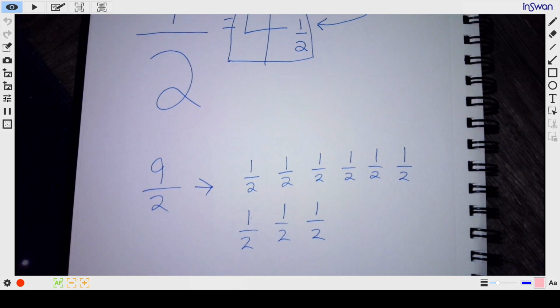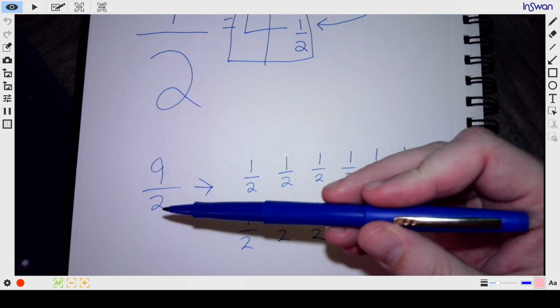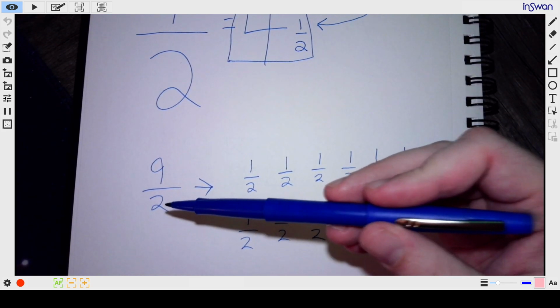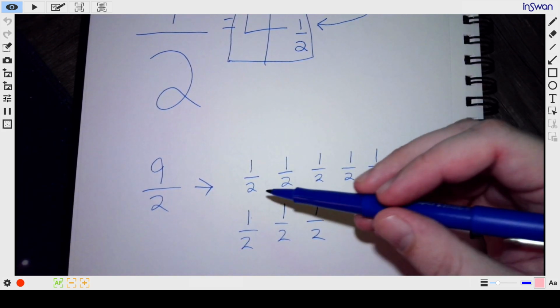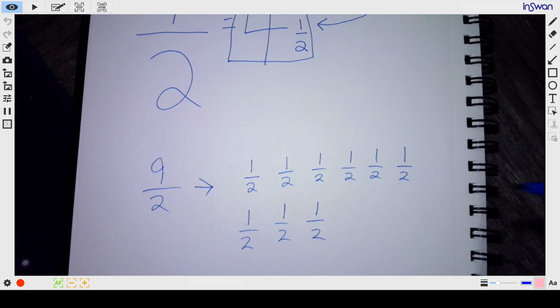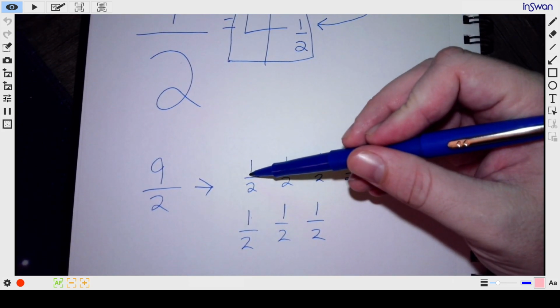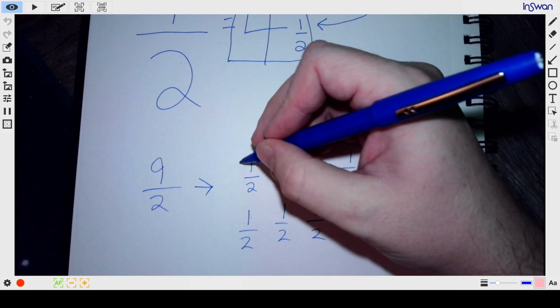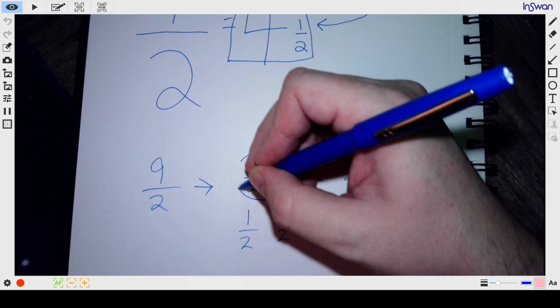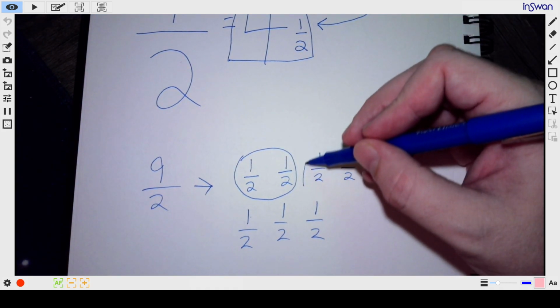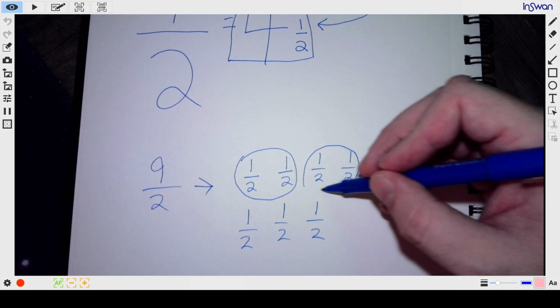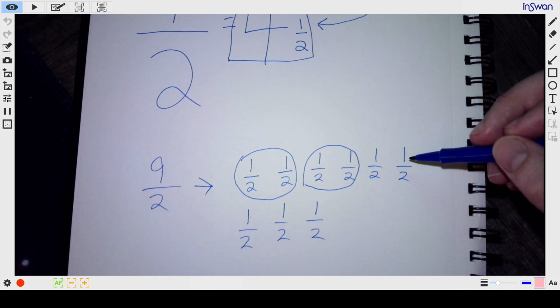And now we can just group them because, again, we know that two pieces make a whole. So 2 halves, or 2 over 2, makes a whole. So every time I see 2 of them, I will group them as a whole. So there's 1 half, 2 halves, or 1 whole. So I will group those. 1 half, 2 halves. There's another whole. 1 half, 2 halves.